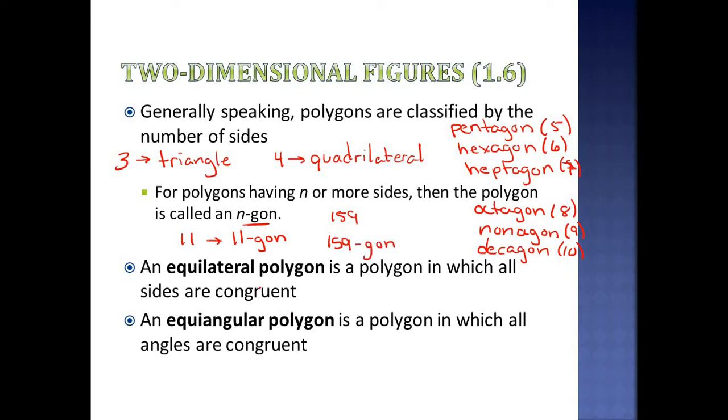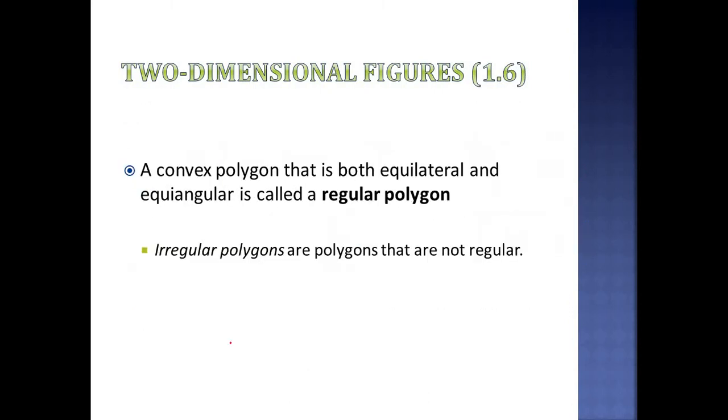Okay? Equilateral polygons are polygons where all the sides are congruent, and an equiangular polygon is a polygon where all the angles are congruent. Convex polygons that are both equilateral and equiangular are called regular polygons, and irregular polygons are simply polygons that are not regular. They could be equilateral, but they might not be equiangular, or vice versa.